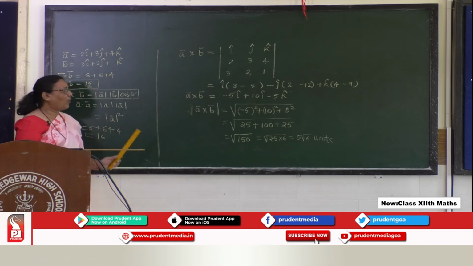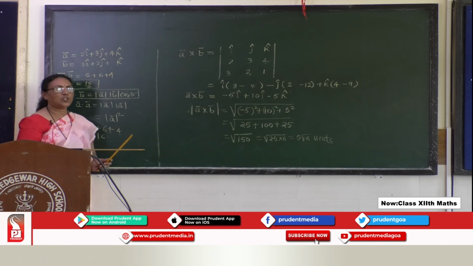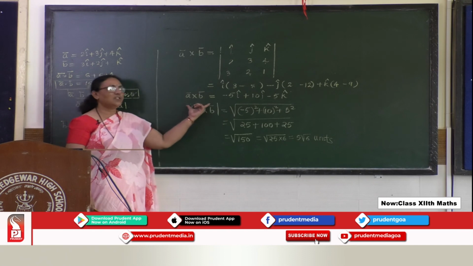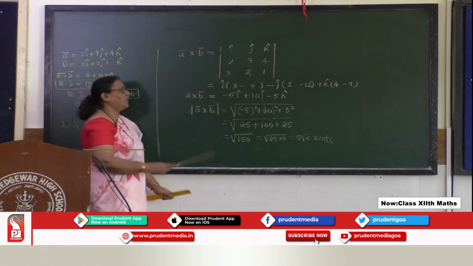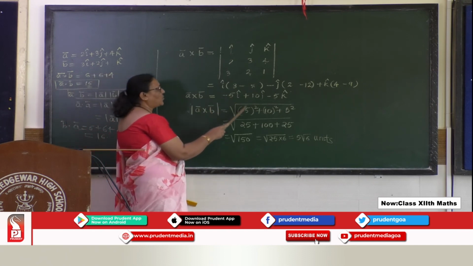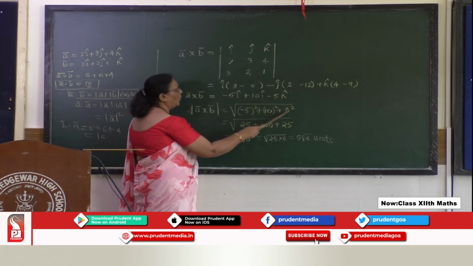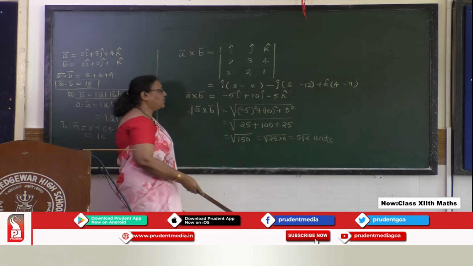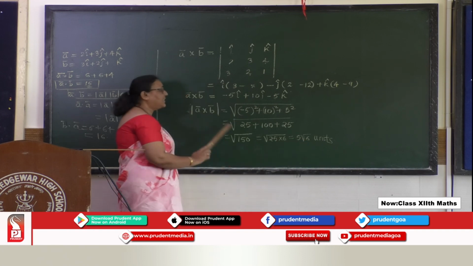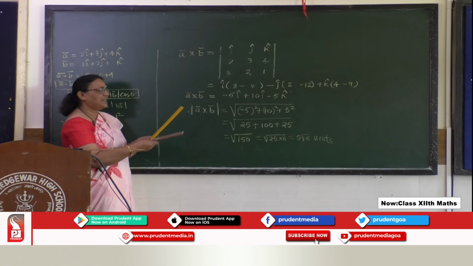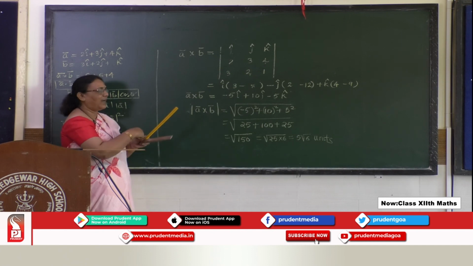Now see, this is a cross product. I had told you the application of cross product, it is the area of parallelogram. So if you take the modulus of this, the modulus will be minus 5 the whole square, 10 the whole square plus minus 5 the whole square. When you simplify this, you will get one answer, and this is the area of parallelogram whose adjacent sides are vector a bar and b bar.